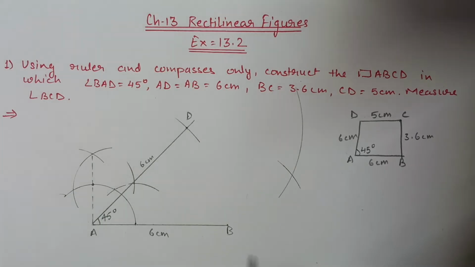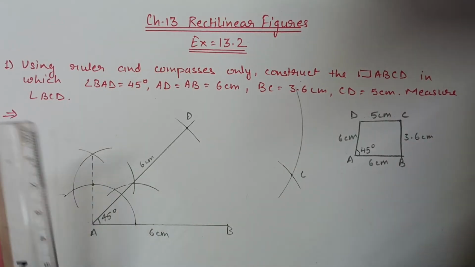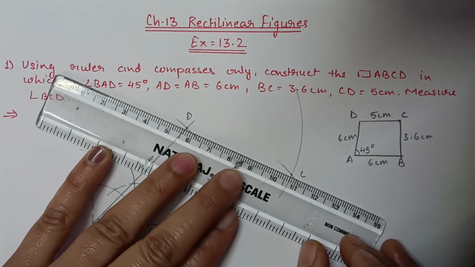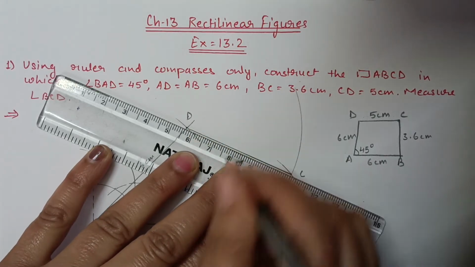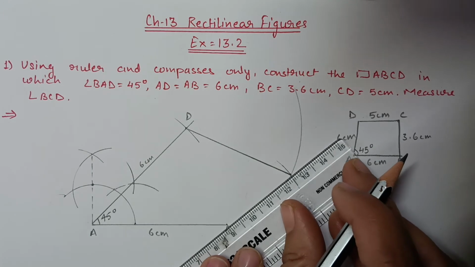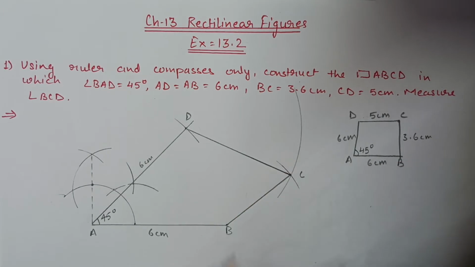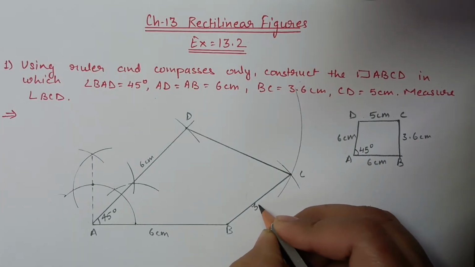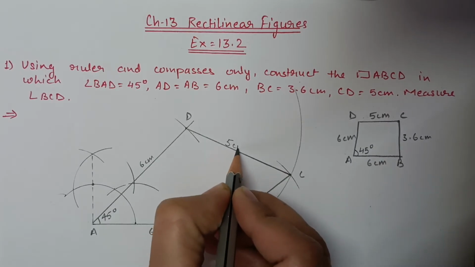Wherever these arcs are cutting each other, that is point C. And now you can join C to D and C to B. Write the measurement here. This is 3.6 centimeter. This is 5 centimeter.